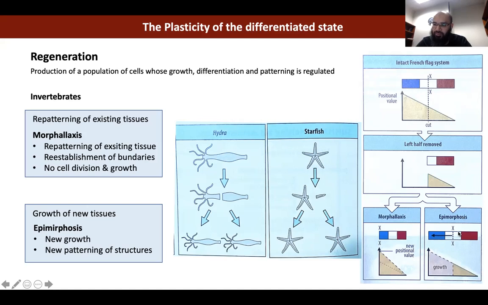But in case of epimorphosis, the new positional boundaries are achieved by growth, so that the eventual animal is exactly the same size as the original animal.